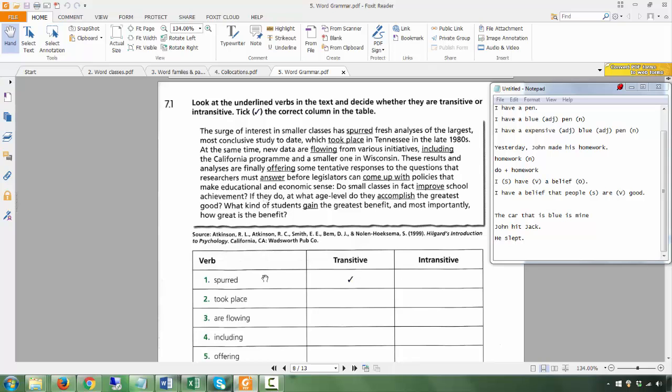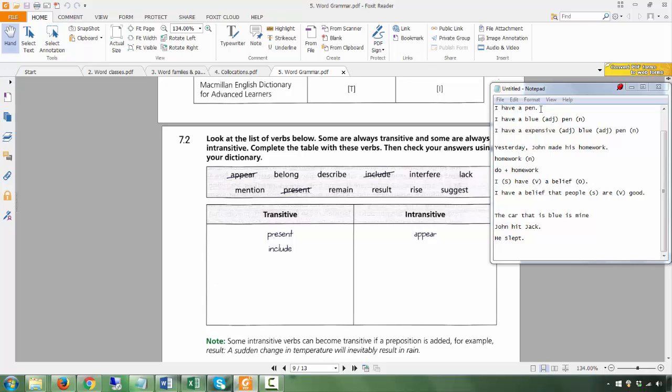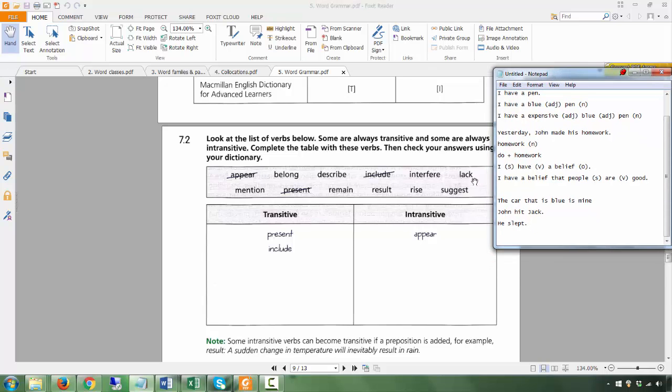So "took place", it's all underlined here. In this use, is it transitive or intransitive? Put all these words under here. Again, it's very easy. All you got to do is, because all these are just one, it's either transitive or intransitive. They have only one option here. And if you want, you could go to the dictionary.